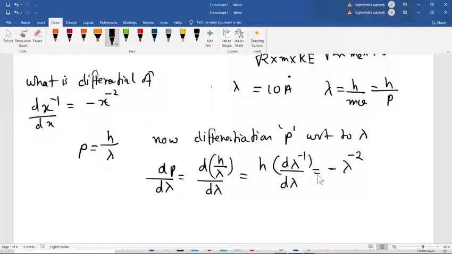Or in the general form we can write delta p is equal to h upon lambda square delta lambda. Now lambda we have calculated already, that is 10 angstrom.